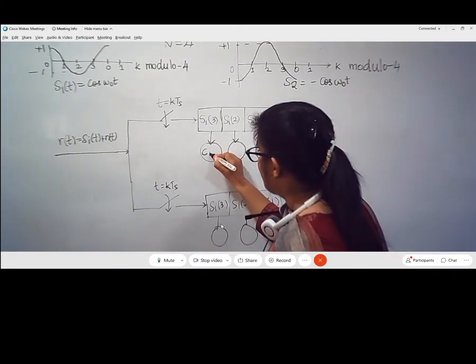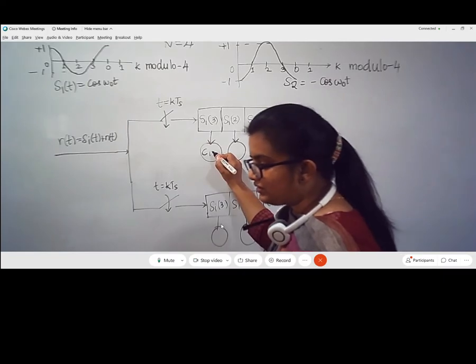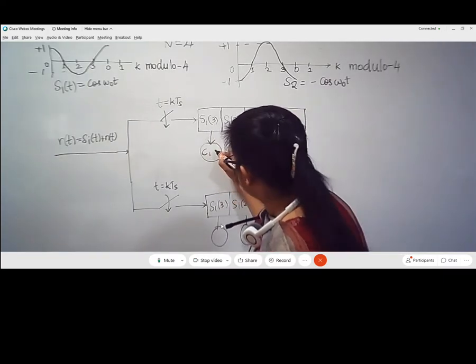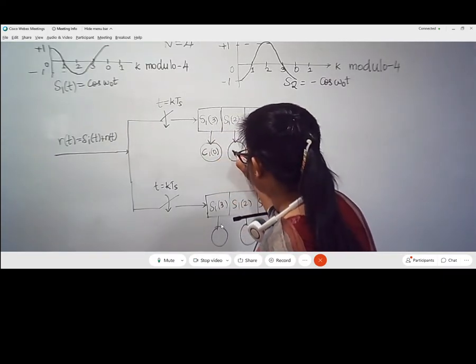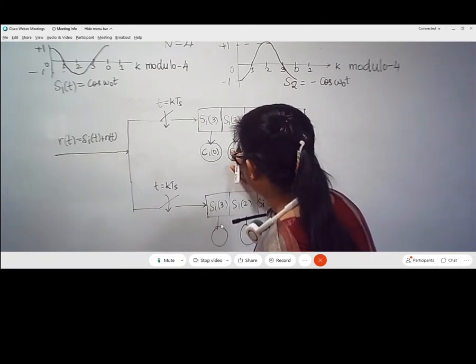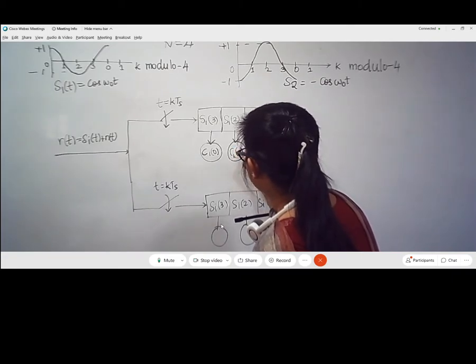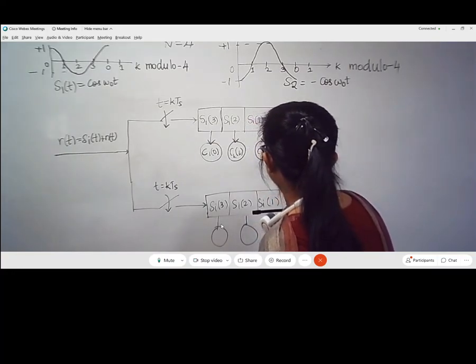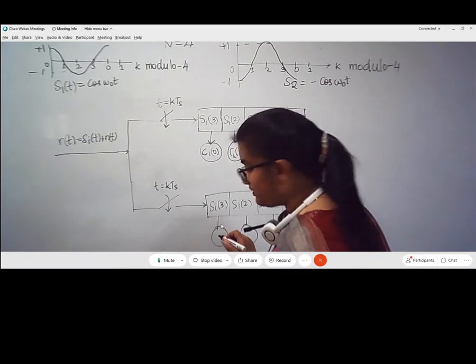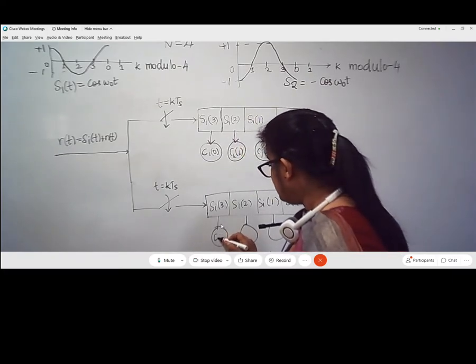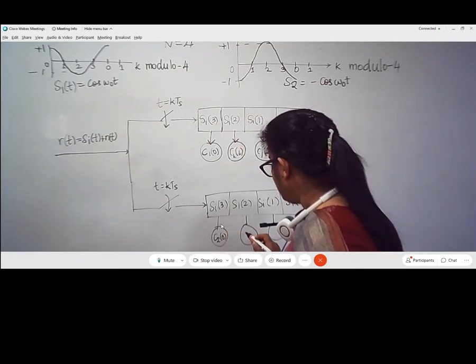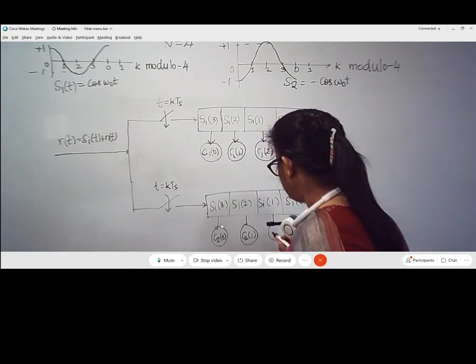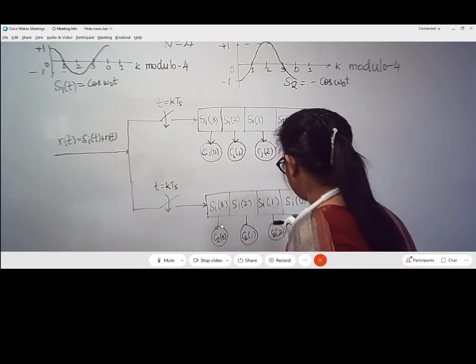So I'm going to compare it with C1 of 0, this one will be C1 of 1, C1 of 2, this is C1 of 3. In the below channel, the weights will be C2 of 0, C2 of 1, C2 of 2 and C2 of 3.